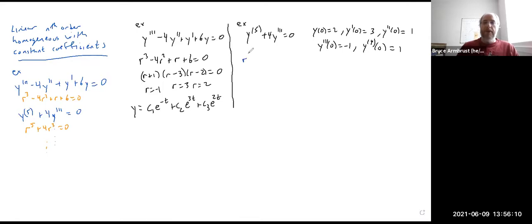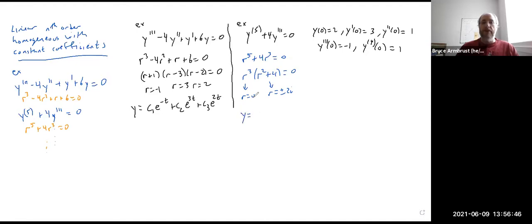All right, let's do it. This polynomial is r to the fifth plus 4r cubed equals 0, which I can factor: r cubed times r squared plus 4. So we're going to get r equals 0 and r equals plus or minus 2i. Let's start building our fundamental set.